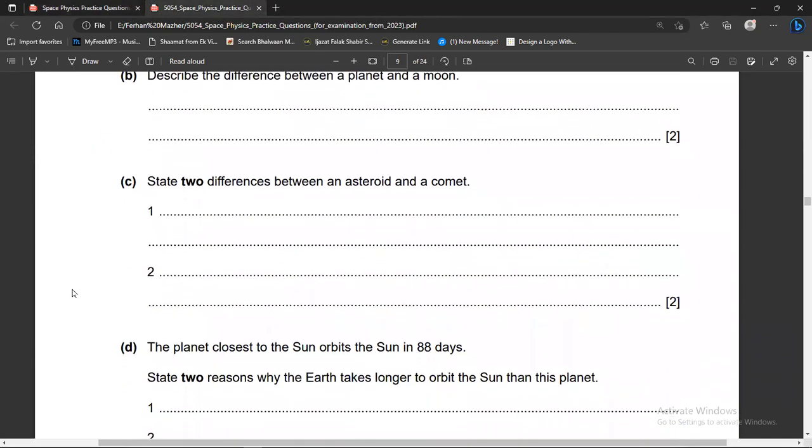Question 1C: state two differences between an asteroid and a comet. Asteroids are made of rocks and metals, whereas comets are made of ice. The orbit of the asteroids around the sun is circular, whereas the orbit of the comets around the sun is elliptical, and that ellipse is stretched.